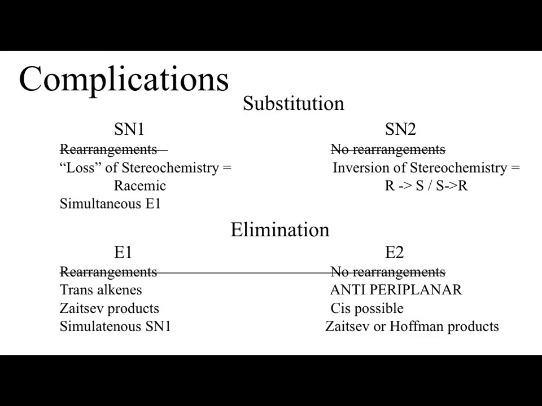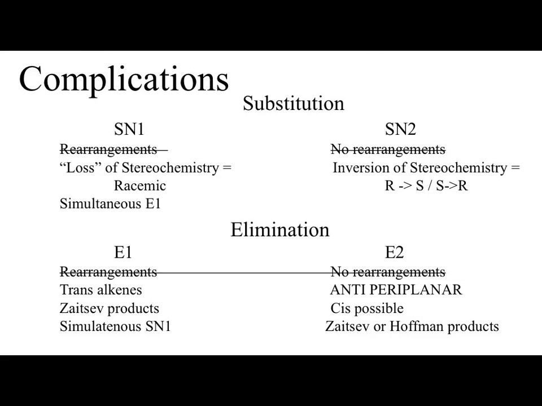SN2, inversion of stereochemistry. If you start with a certain chiral center, you'll end with the opposite when you go through the SN2 mechanism. With your elimination reactions, you're most commonly seeing the trans alkenes in both cases because those are the most stable. Your groups are as far away from each other as possible. You'll end up seeing Zaitsev products, meaning the most stable double bond, which means the most substituted, the least amount of hydrogens on your double bond.